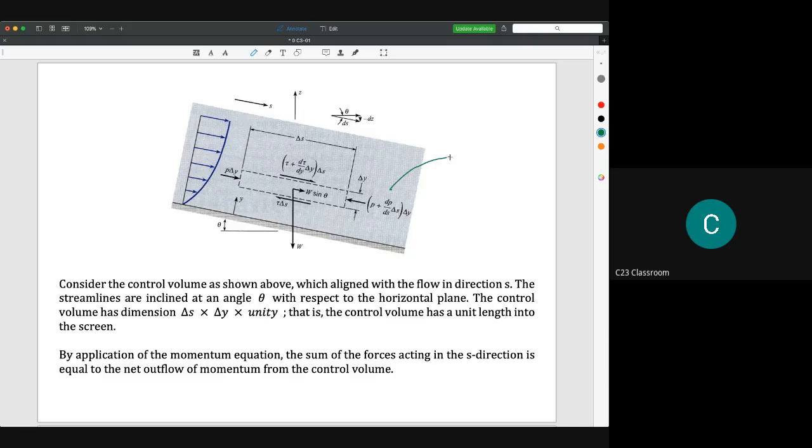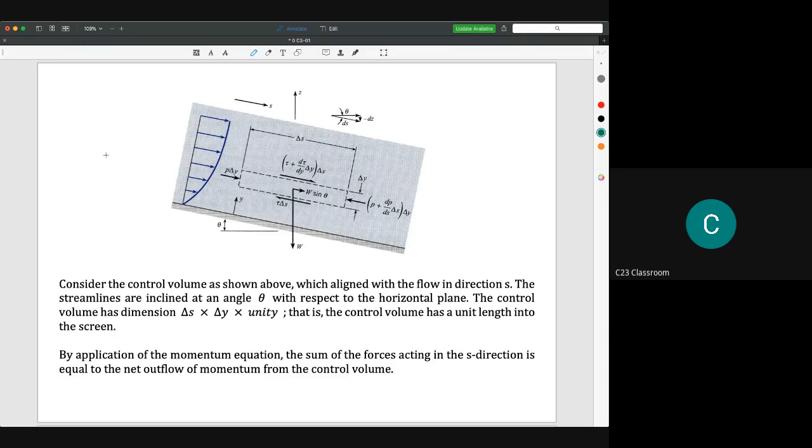In another textbook, it can be simplified as P plus delta P, where delta P might be negative or positive, depending on the changes of pressure. Times dy times 1, where dy here is the height and the width is equal to 1. The pressure times area will create force. That is the first assumption.